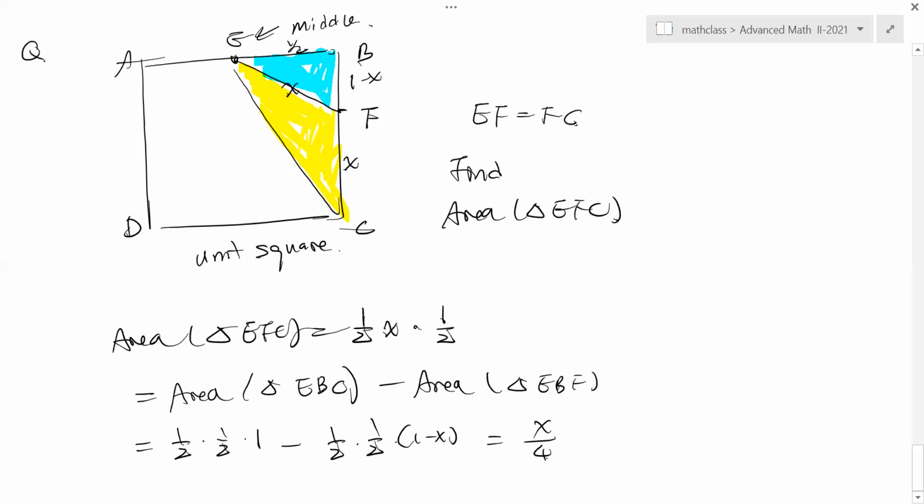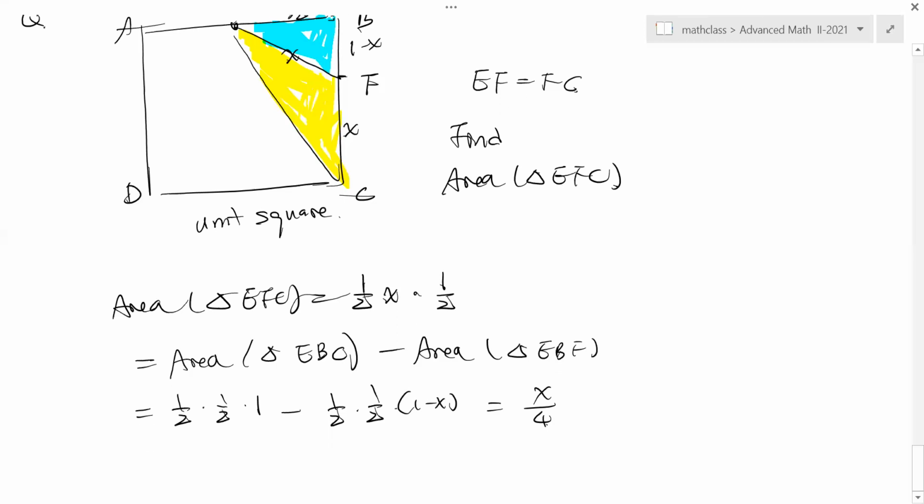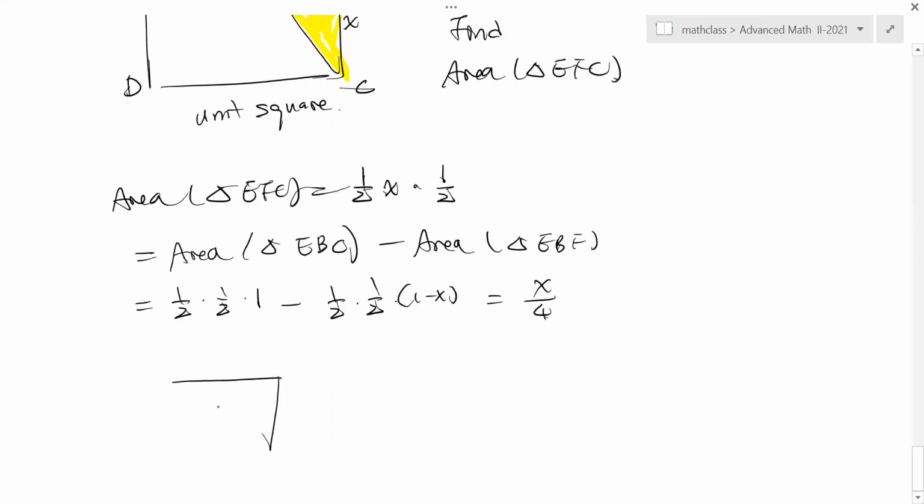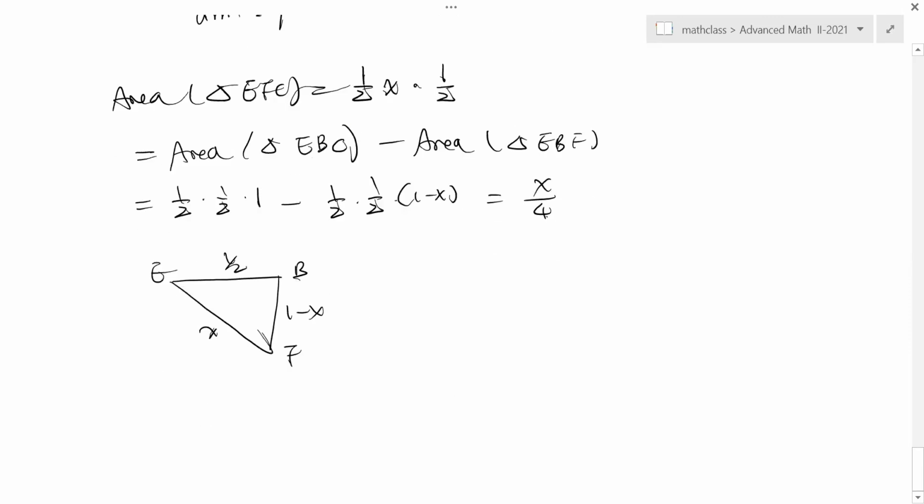So now you can apply the Pythagorean theorem to this little triangle, EBF. Here is 1 minus x, this is x, this is 1/2. So now (1/2) squared plus (1 minus x) squared equals x squared.